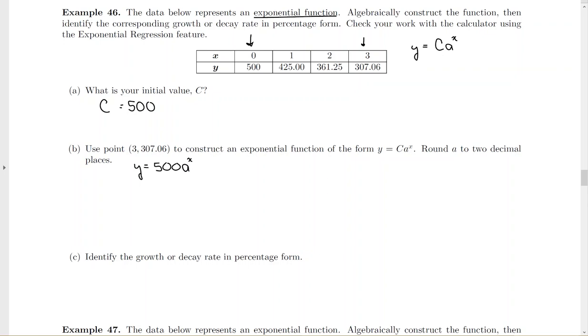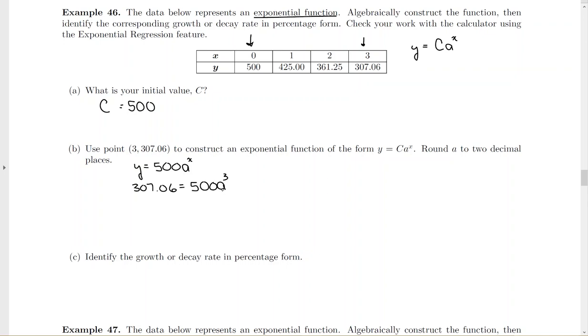Then plug in the point x, y, 3 and 307.06. So that's my output when my input is 3. Solve for a, and then we're going to round a to 2 decimal places.